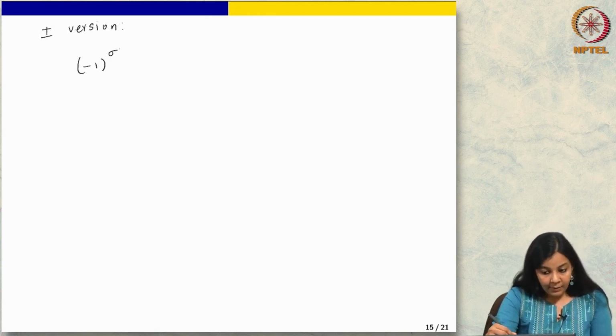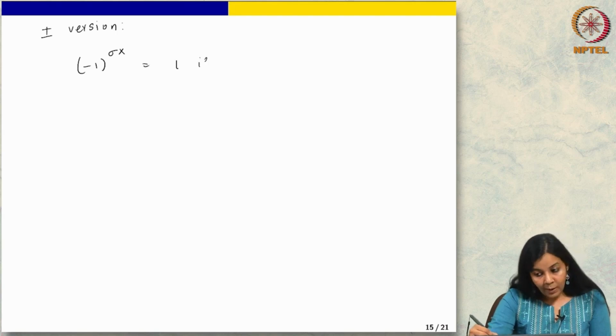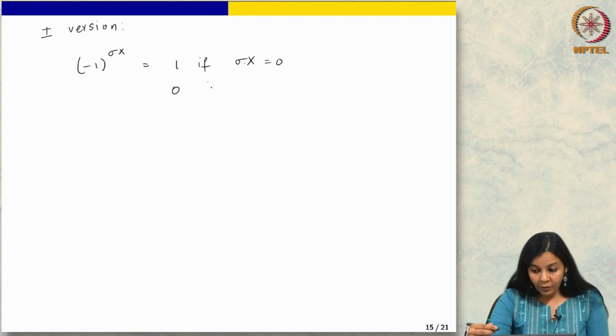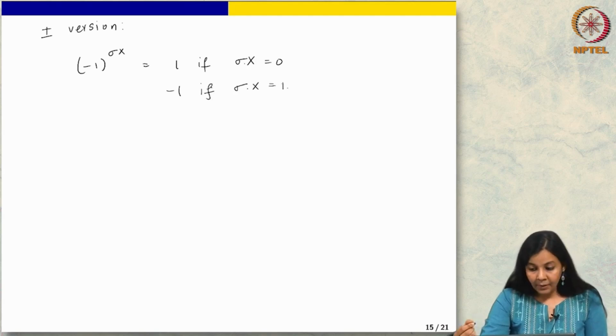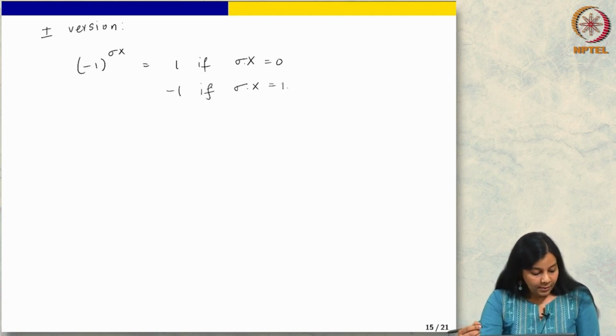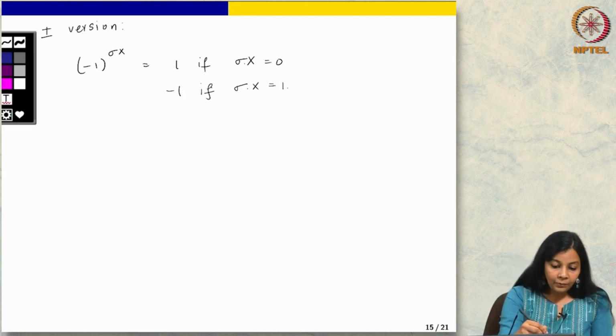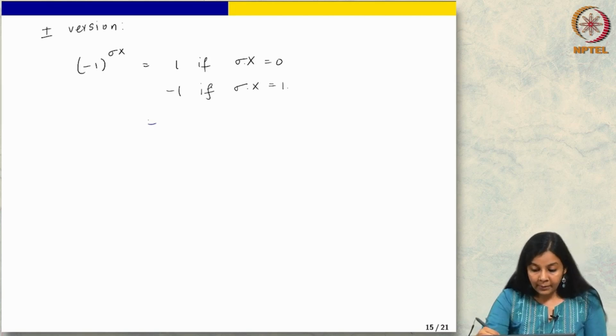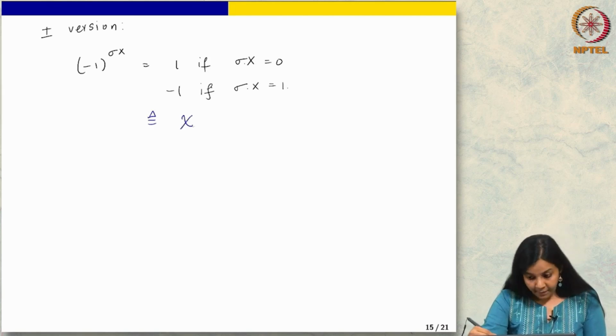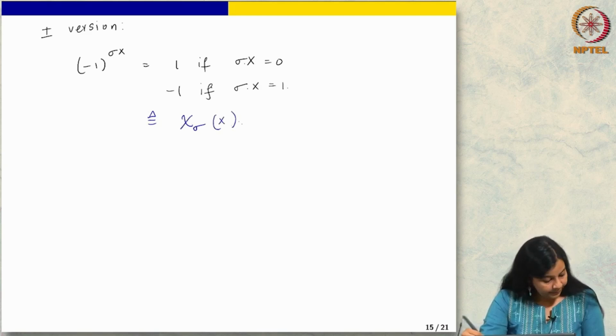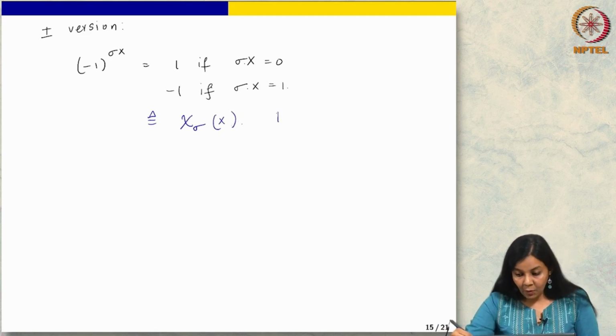Okay, so -1 to the sigma x is 1 if sigma times x is 0, and it is -1 if sigma times x is 1. And this I am going to denote by chi sigma of x.